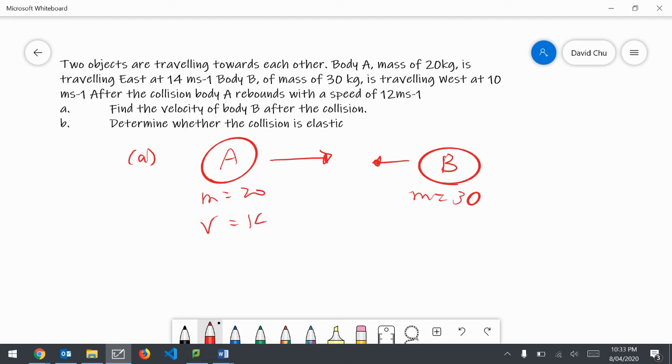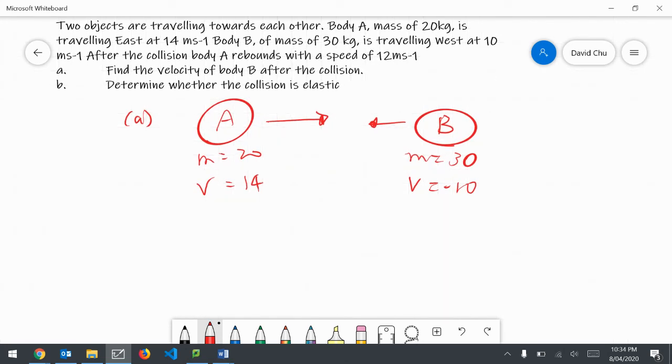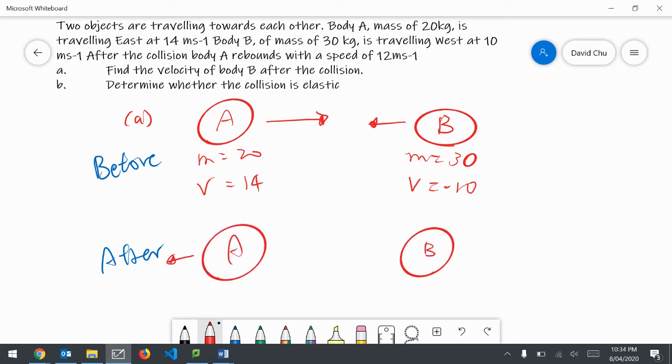Velocity is 14, and velocity is 10. And since it's going the opposite direction, we should write minus. So this is before. Afterwards, body A is going to rebound. Body B, we don't actually know what's going on yet.